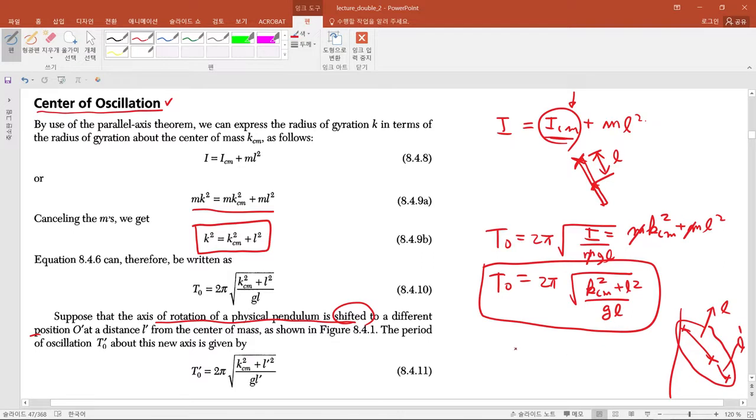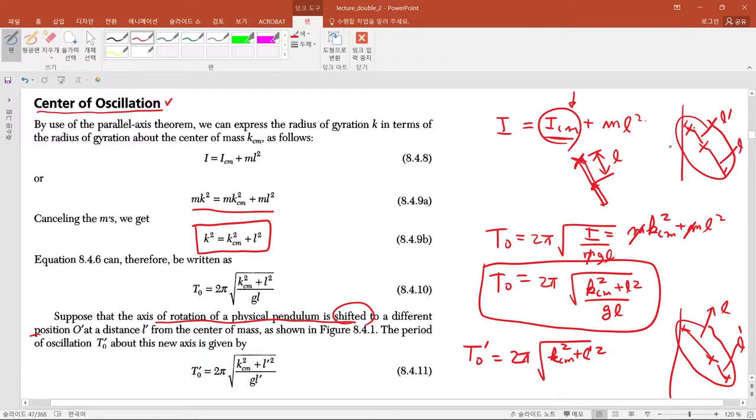Then the period from this consideration gives you k center of mass squared plus l prime squared.